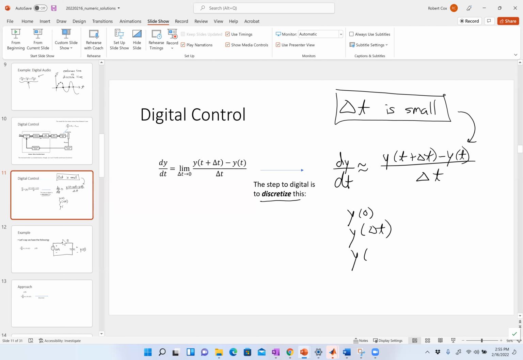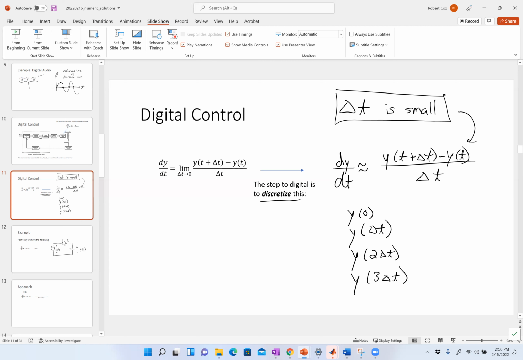Or the next one would be 2 delta t, right? So 0 plus delta t plus delta t. Then the next one would be 3 delta t. So in other words, I can solve at specific points in time.